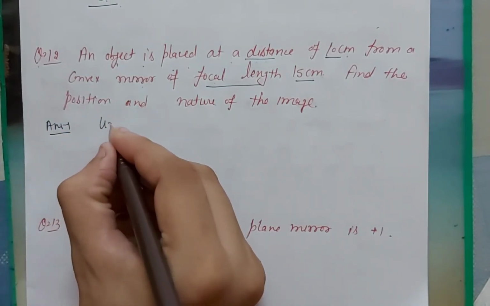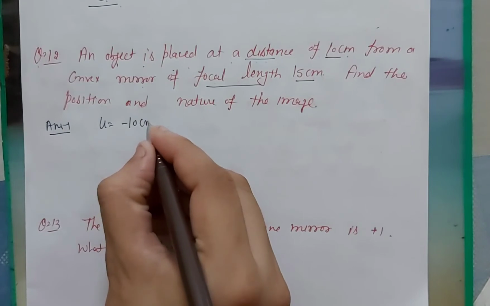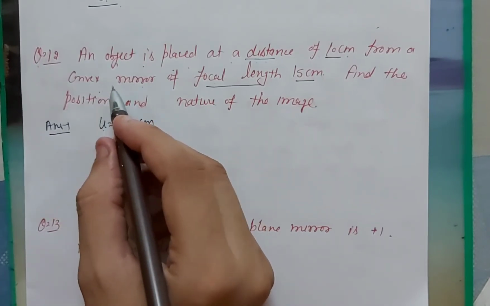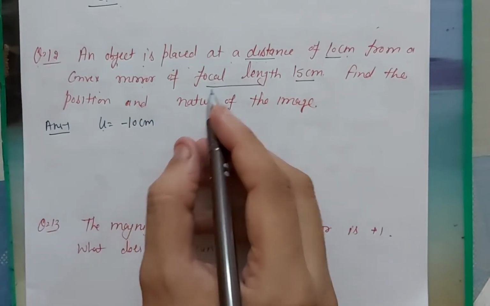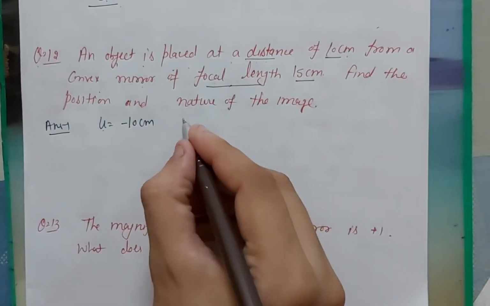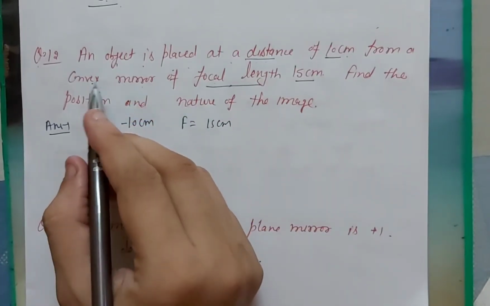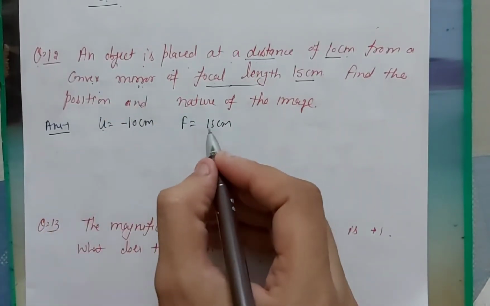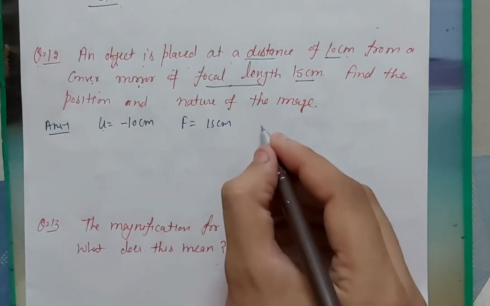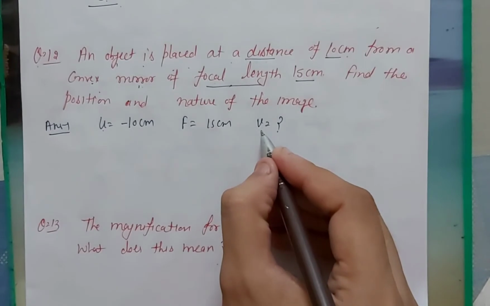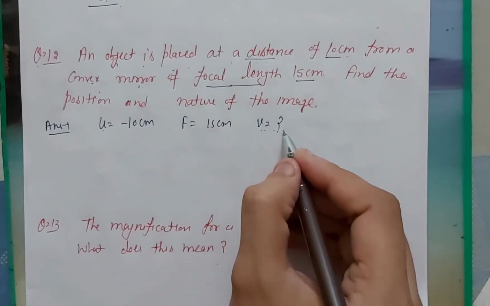So they given u is equal to minus 10 centimeter. u is always negative, okay, in case of lens and in case of mirror. And focal length f is given. In case of convex mirror, focal length is positive. So we find the position and the nature of the image. So we have to find out the v and the nature of the image.